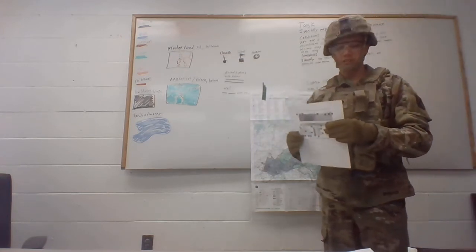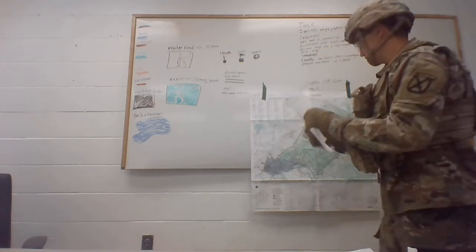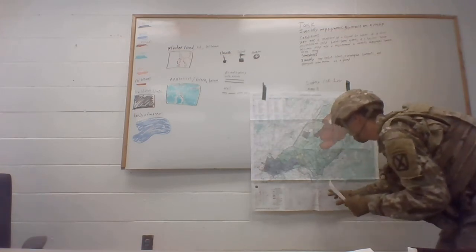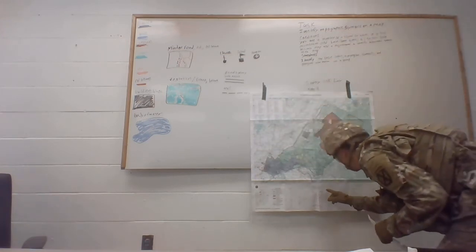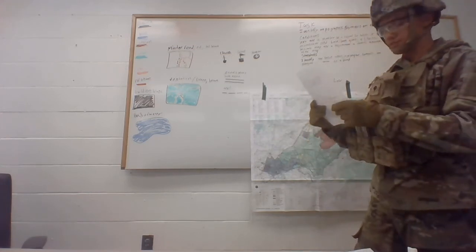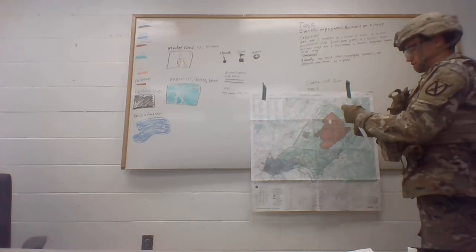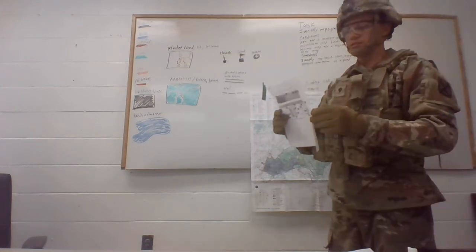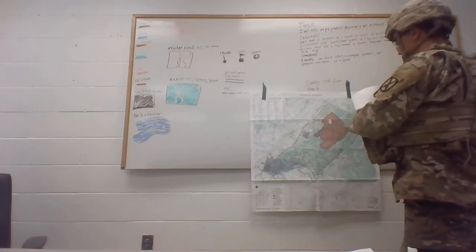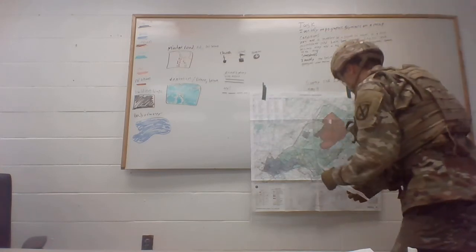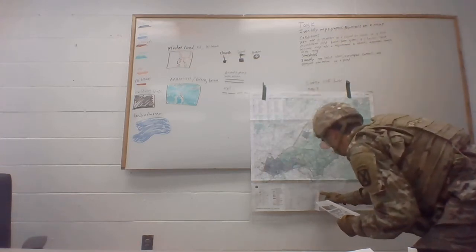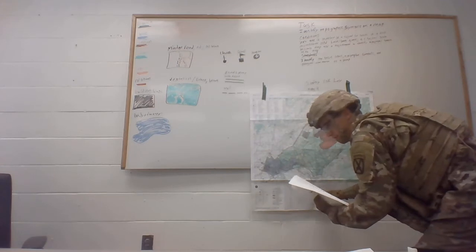Then you would identify the bar scales, which is right here, which would show kilometers, statute miles, and nautical miles. And we're going to go over the contour interval note, which is right here, right below the bar scales.